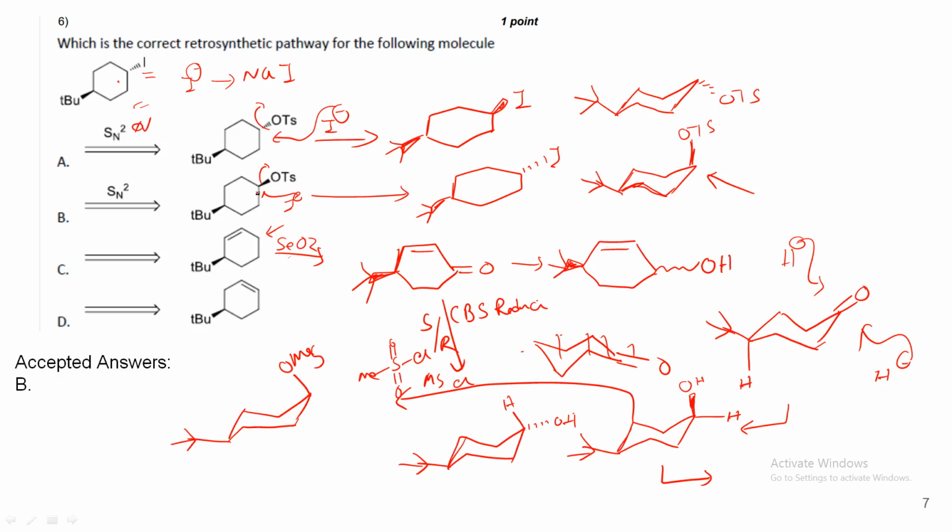Not actually, it is not done yet, because we have a double bond. So after that we need to do a hydrogen, palladium on charcoal reduction of this particular double bond to make it cyclohexane completely.